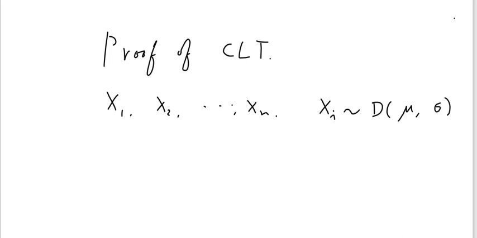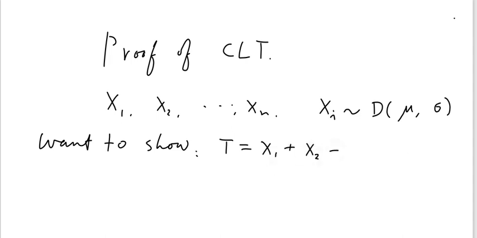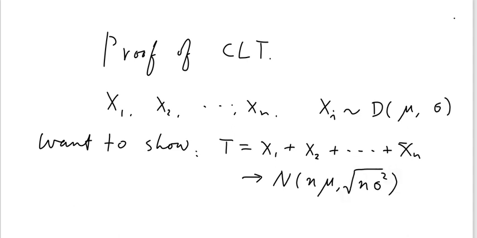Okay. So what do we want to prove? We want to prove that it will be close to a normal distribution with mean mu and variance sigma squared, or take the square root if we're talking about standard deviation.